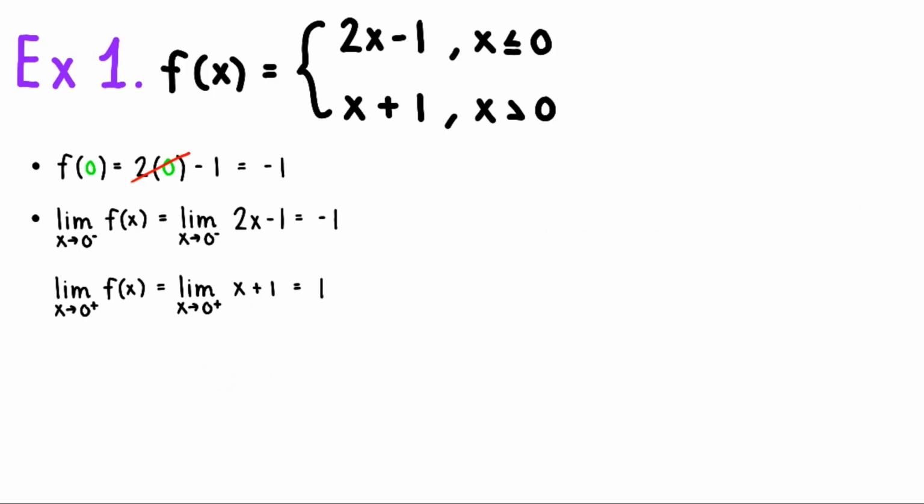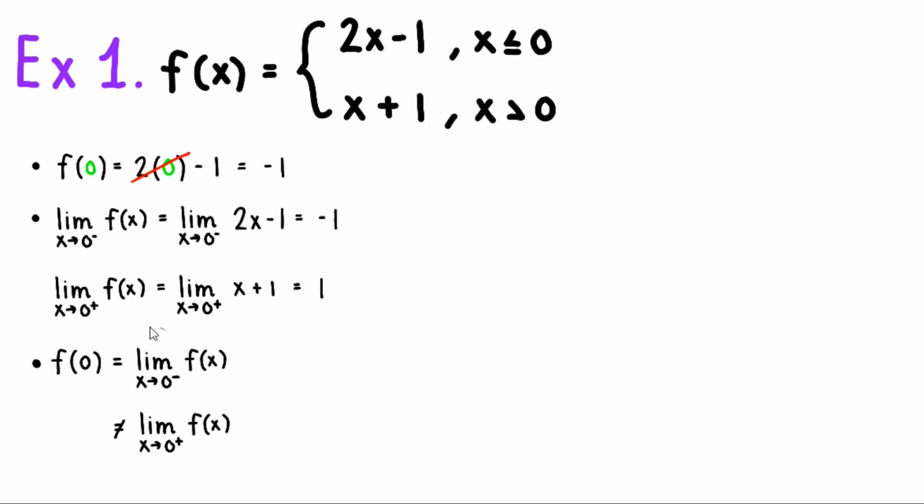As you can see, these two are equal while these two are not. So we can conclude that f of 0 is equal to the limit of f of x as x approaches 0 from the left, while it is not equal to the limit as x approaches 0 from the right of f of x. Since we have checked all three conditions, we can now conclude the one-sided continuity at x equals 0.